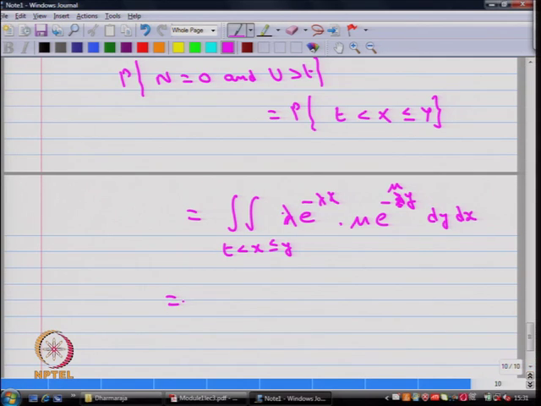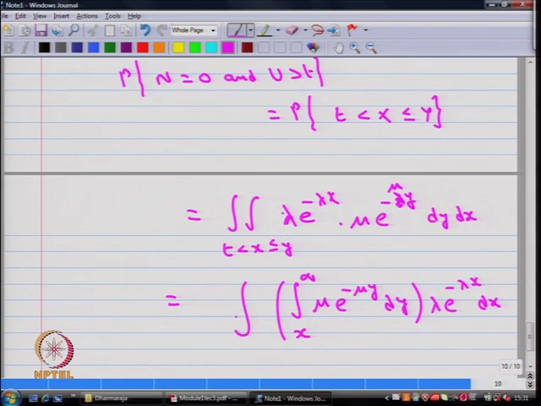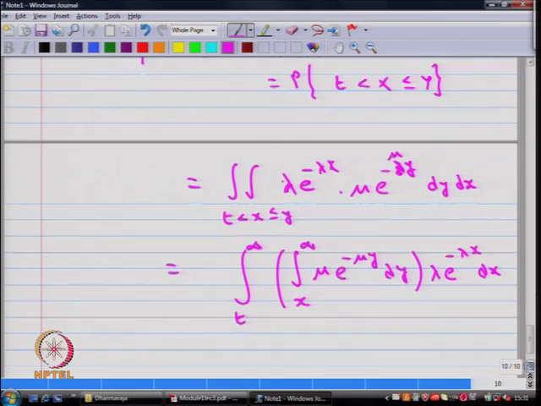That is the same as the inner integral from x to infinity of mu times e power minus mu y dy, then lambda times e power minus lambda x integrated with respect to x between the limits t to infinity.